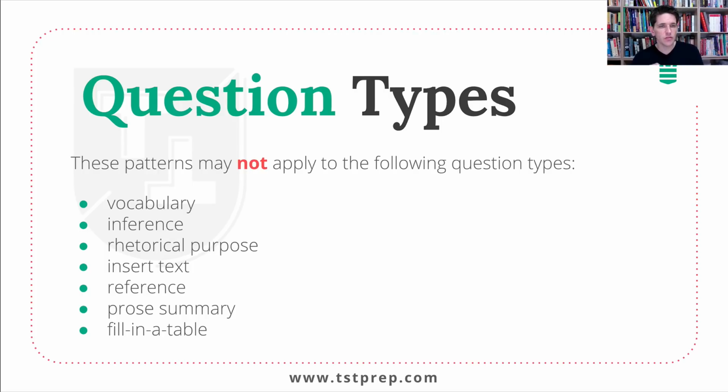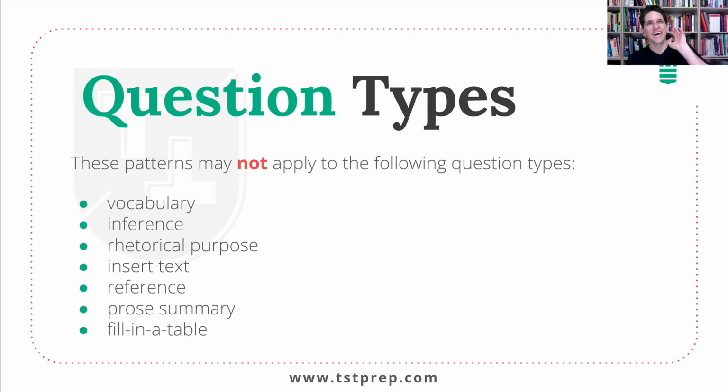Again, these patterns may or may not apply to vocabulary, inference, rhetorical purpose, insert text, reference, prose summary, and fill in the table questions. So these strategies are not always applicable to these other question types. About 50% of the questions you'll see are detail, negative detail, or sentence simplification.